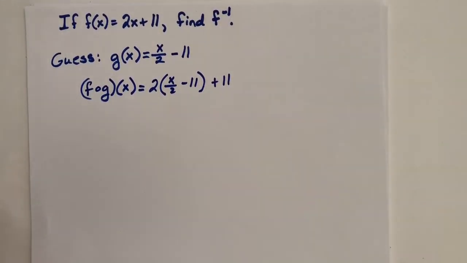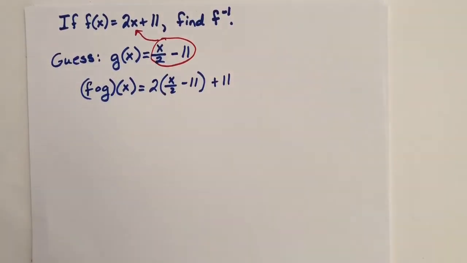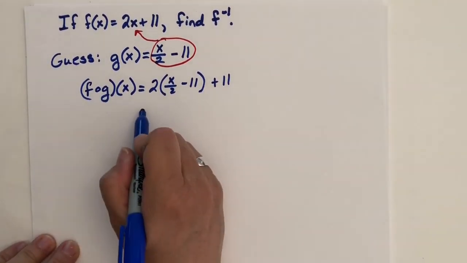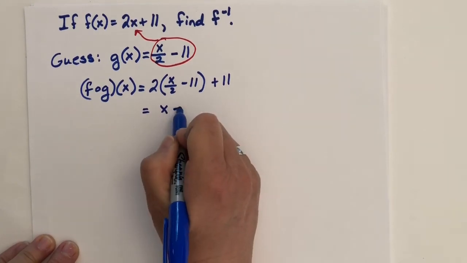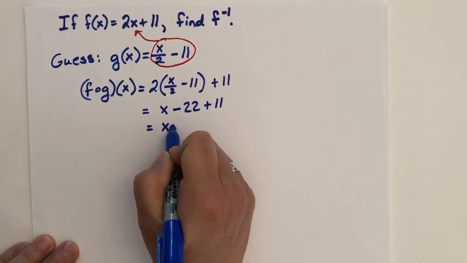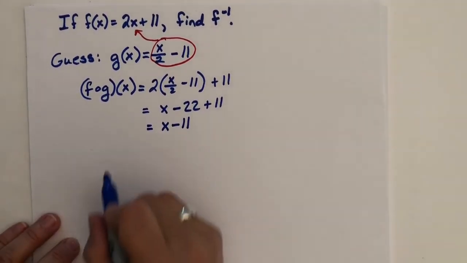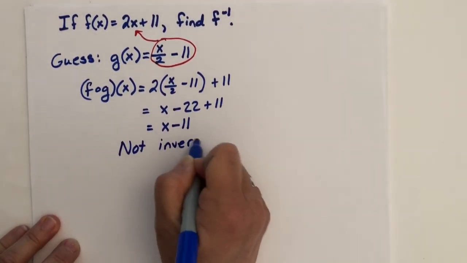So this was our g function going right in here to the f function. And remember, we're trying to see if this is in fact the inverse. We distribute the 2 and we get x, distribute the 2 and we get negative 22 plus 11. We get x minus 11. So I don't need to compose them the other direction even. What I know is they're not inverses.